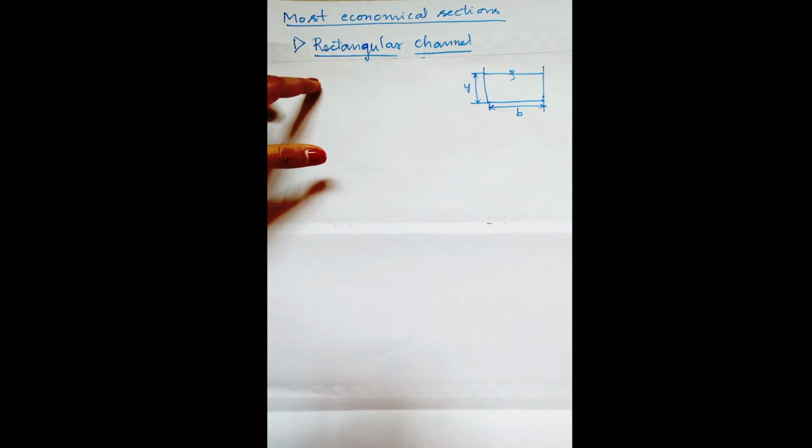And as we know, for a most economical channel section, for the given area, the perimeter should be minimum. So the condition for the most economical channel is that the perimeter should be minimum.